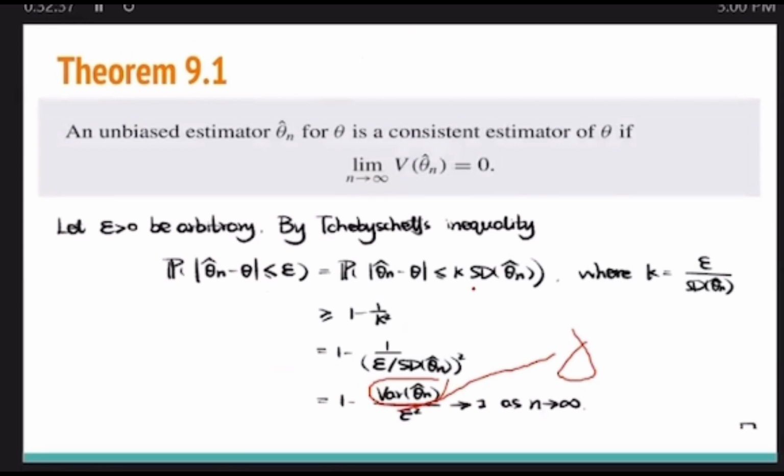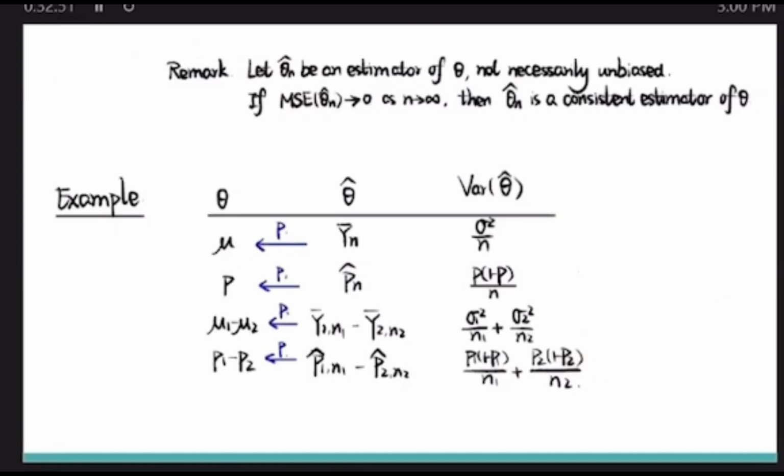But if you are focusing on a biased estimator, where you see k standard deviation, you're actually going to see k square root of the mean square error. Does that make sense? In that situation, the mean square error tends to 0. And when the mean square error tends to 0, a biased estimator can now be consistent.